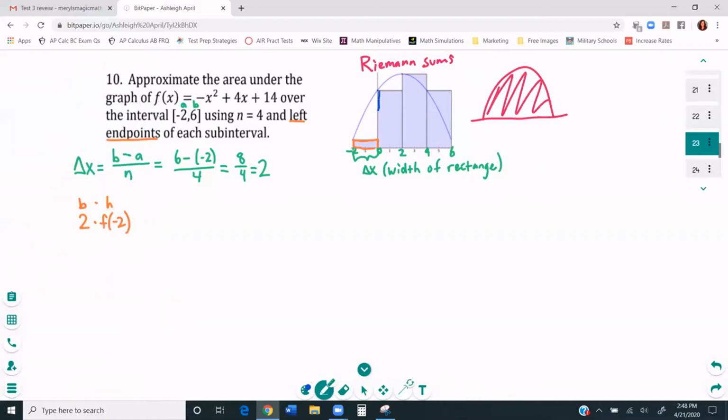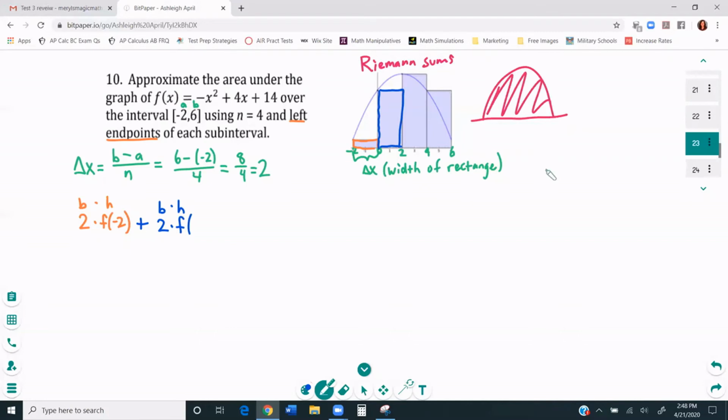My next rectangle: again, we're going to add up all these rectangles to estimate our area. Again, base times height. The base is still 2, 2 for all of these. And the height is going to be based off of the left endpoint.